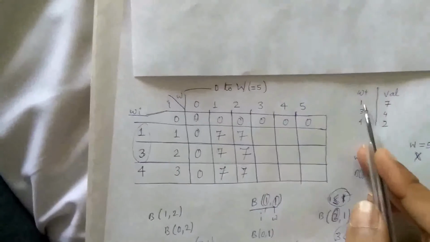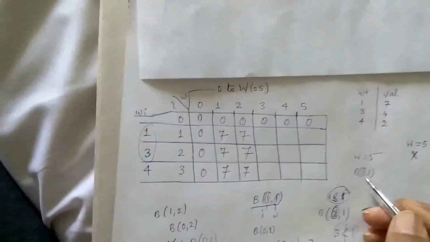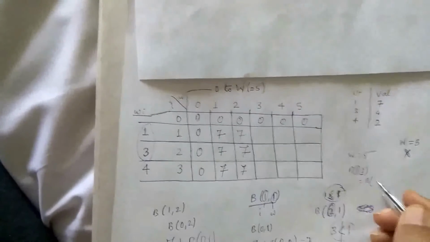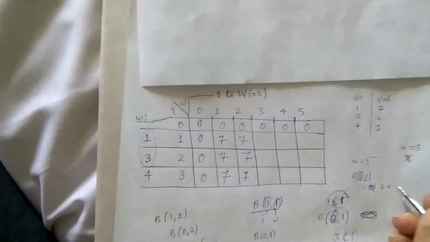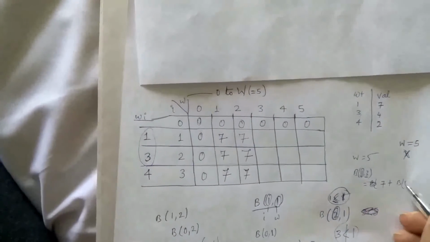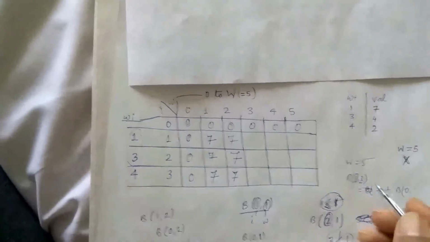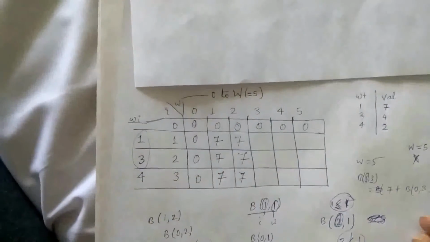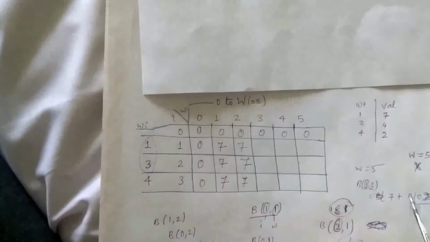Weight of first item is 1, which is lesser than this 3. So we fall in the second condition. So again, what is the solution? Value of 1, that is 7, plus B of I minus 1, that is 0, comma, weight reduced, that is 3 minus 1, that is 2. What is B(0,2)? B(0,2) is 0, so this is 7.